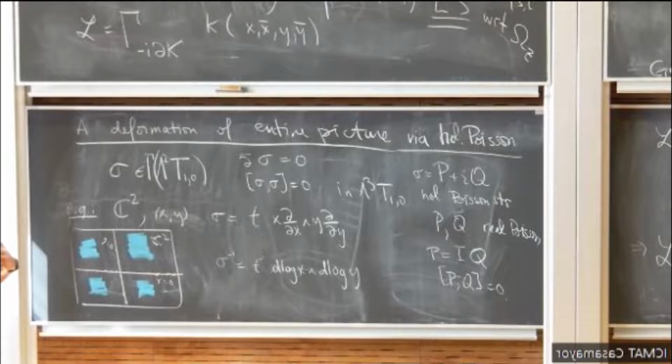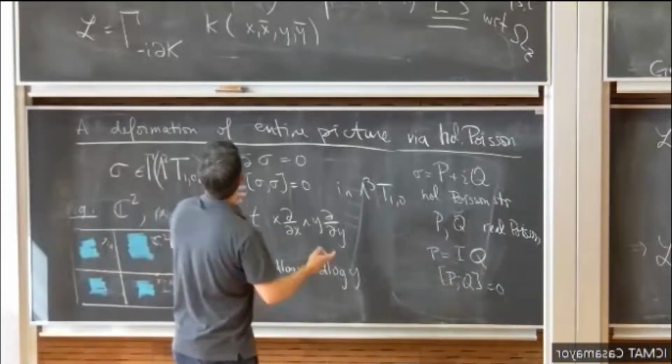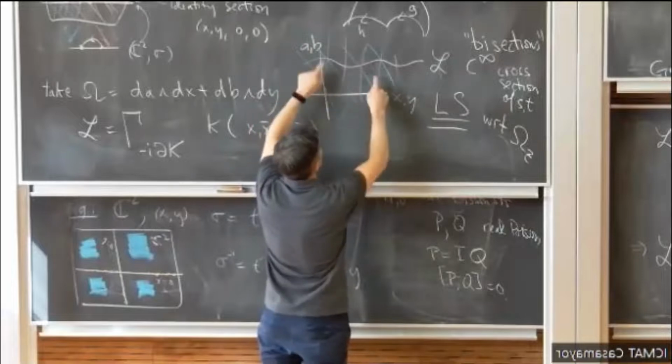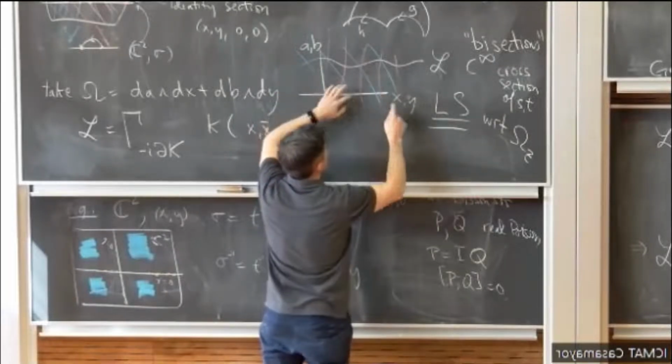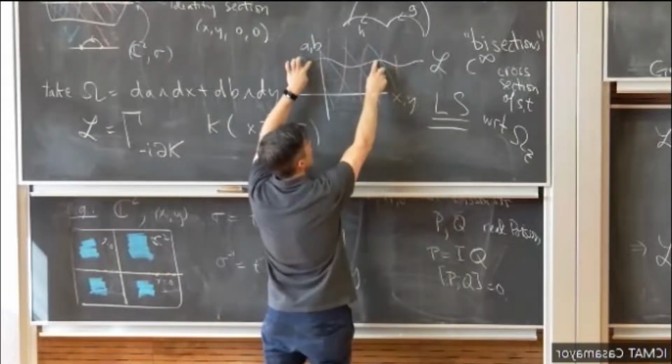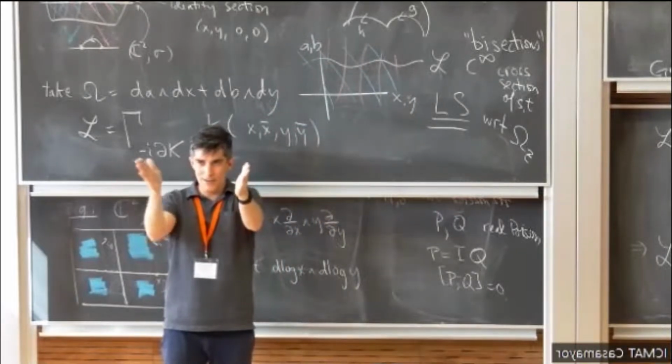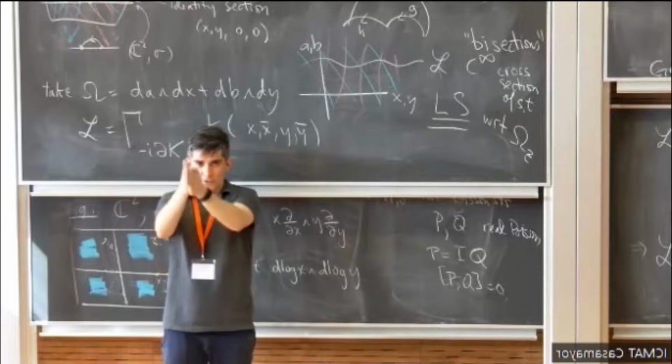In terms of coordinates, is that just addition of the A and B part of the points? Actually, it turns out that if you have x, y, a, b, and you have x prime, y prime, a prime, b prime, you need to translate them so that they lie over the same point.